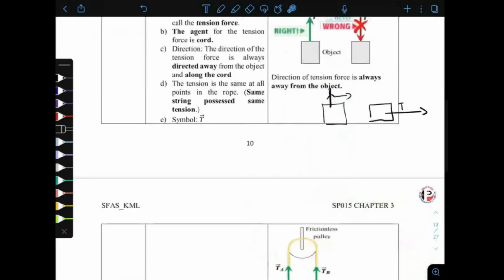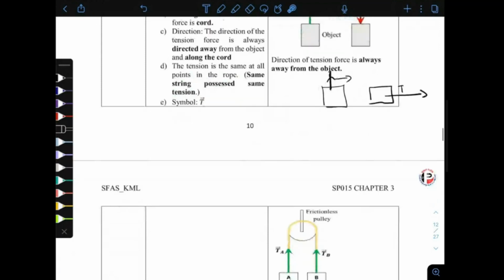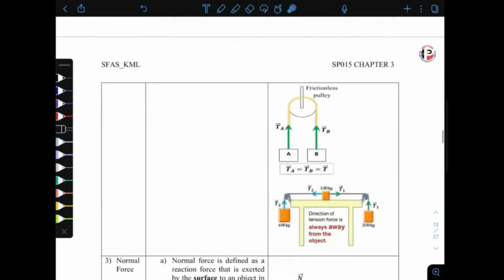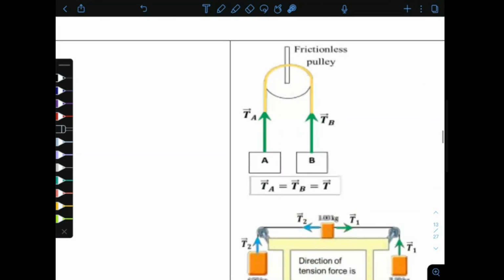And then the tension is the same at all points in the rope. Same string, possess same tension. Maksudnya bila kamu ada satu tali yang sama, setiap titik pada tali itu akan experience nilai tension yang sama. They are going to have the same amount of tension experience. Contoh dekat sini, kita tengok balik soalan, diagram kita yang ada pulley.